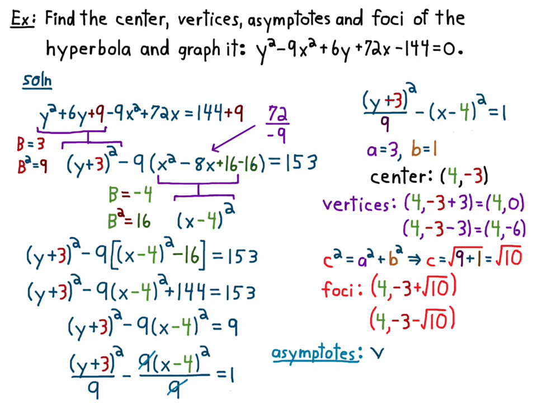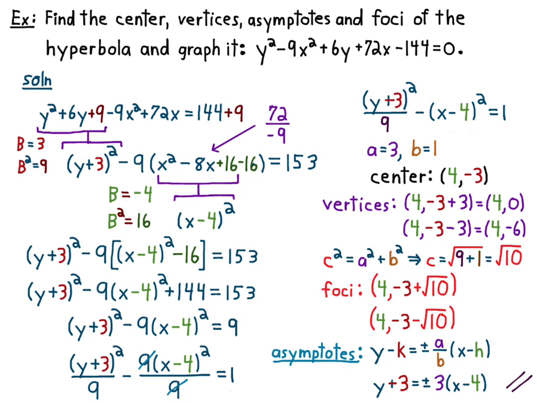Then the asymptotes: y minus k equals plus or minus a over b times x minus h, that's the general formula. Then I just plugged in the numbers. k was negative 3, so y minus negative 3 equals y plus 3.